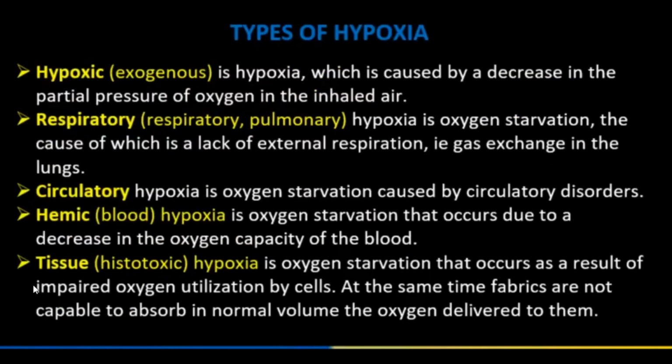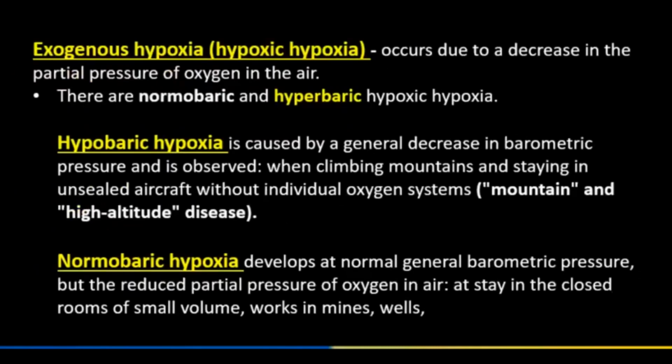And some types of hypoxia: hypoxic, or exogenous; respiratory, or pulmonary; circulatory; hemic, or blood; and tissue, or histotoxic hypoxia. Exogenous hypoxia, or the hypoxic variant, occurs due to a decrease in the partial pressure of oxygen in the air.